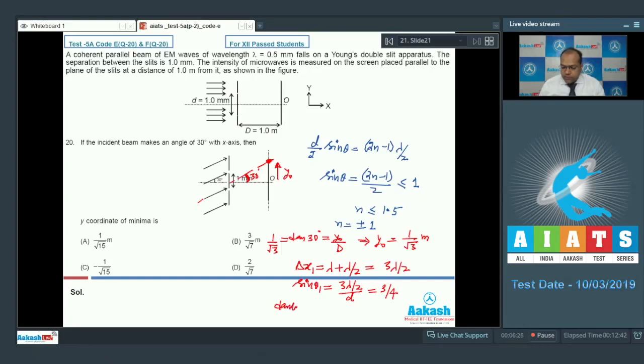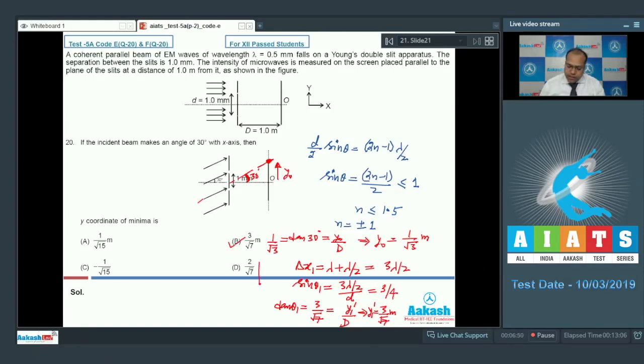So tan theta 1, that is equal to 3 by root 7, is equal to the position of minima, y1 dash in this case, divided by d. So from here the value of y1 dash comes out to be 3 by root 7 meter. So option B is correct.